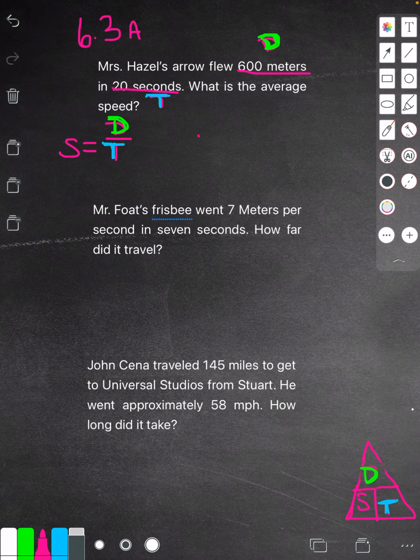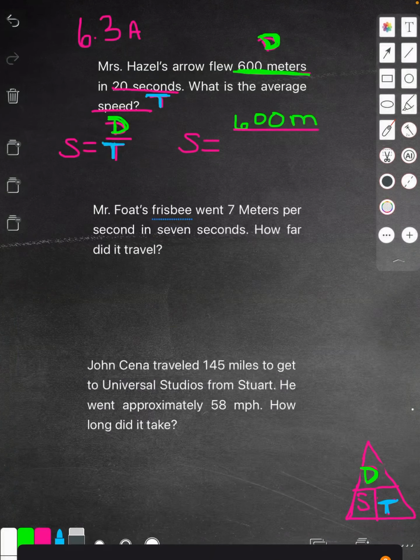So I'm literally going to write the same thing. I am looking for speed. Why? Because that's what we don't have. And I have the distance. It's written up at the top, 600 meters. I'm going to put an M for meters because that's the abbreviation for meters, over time.